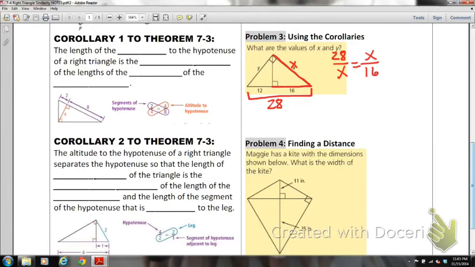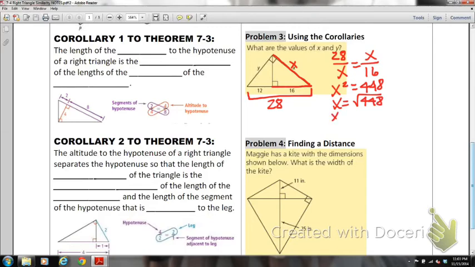So that's how you've got to set it up. Then cross multiply to solve this. It's 448. X is the square root of 448, because you take the square root of both sides.